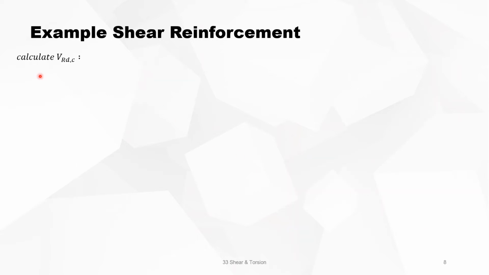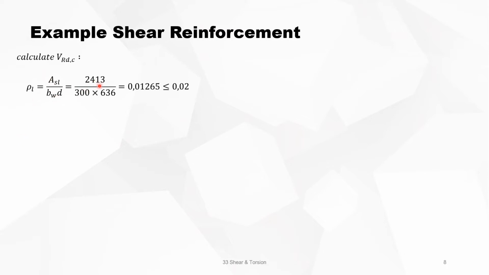Now we will calculate VRd,c, the capacity to shear force of the concrete only. For this we need the rho l, and Asl. It's easy here because the tension reinforcement is put over the whole span, the total span of the beam.